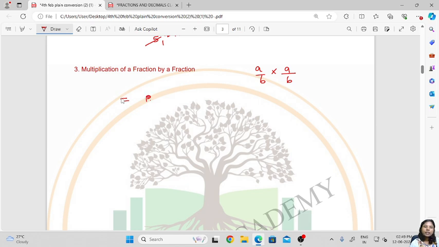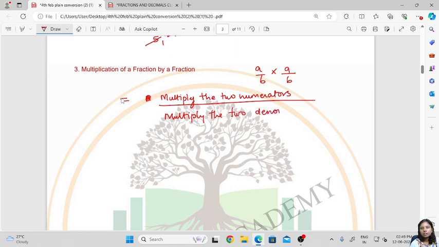We multiply the two numerators, and then we multiply the two denominators.